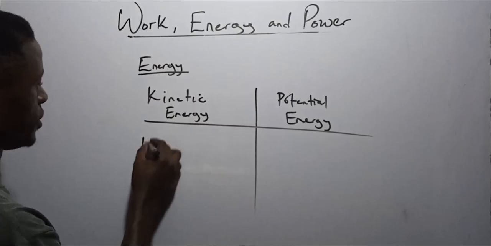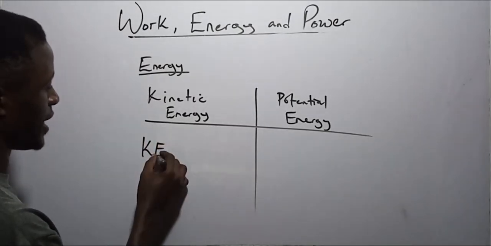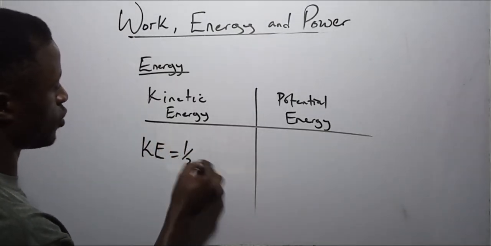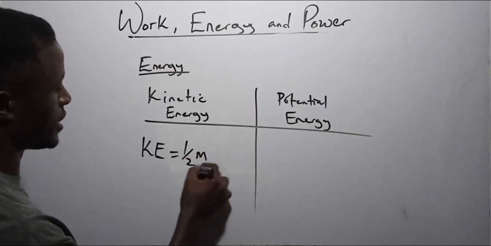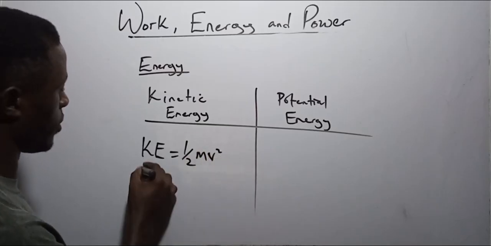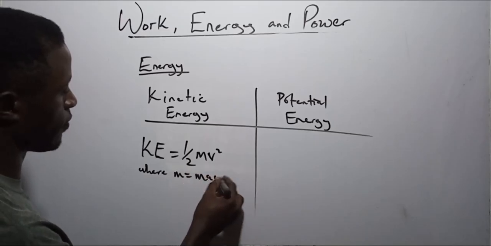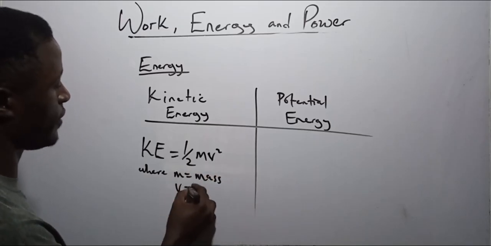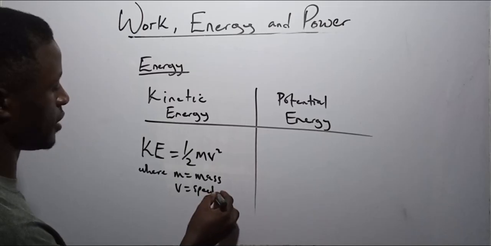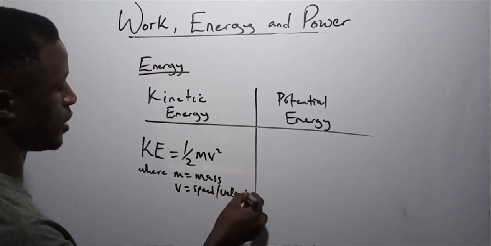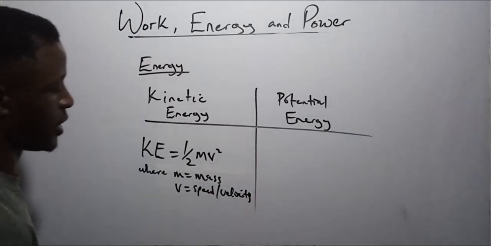So we denote kinetic energy as KE, and this is the formula to measure it. Kinetic energy is half mv squared, where m is equal to the mass of the object, and v is equal to the speed or velocity of the object. So that is that.